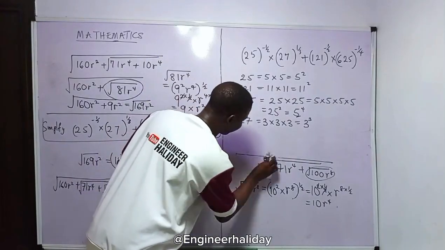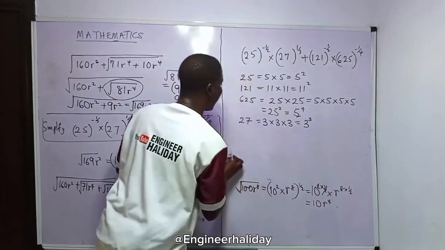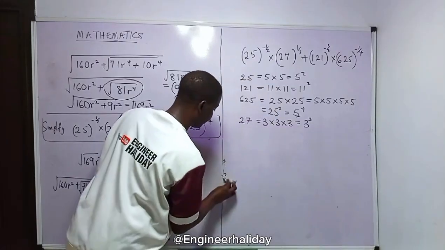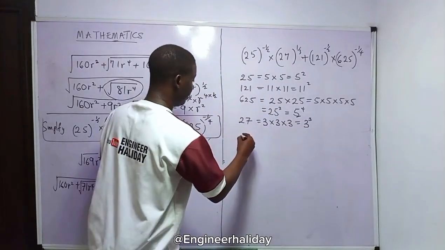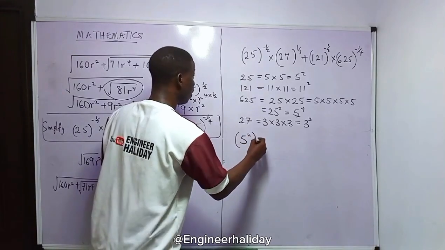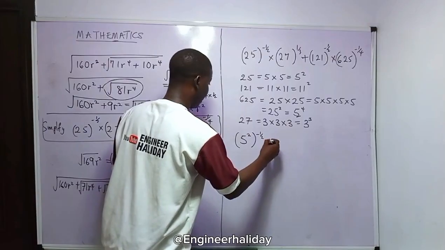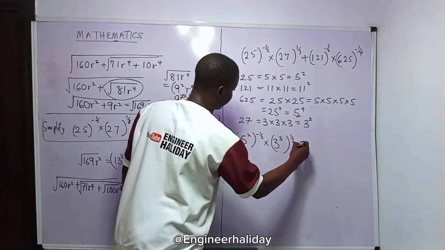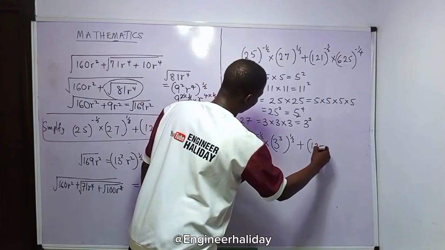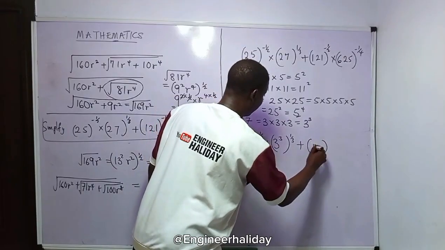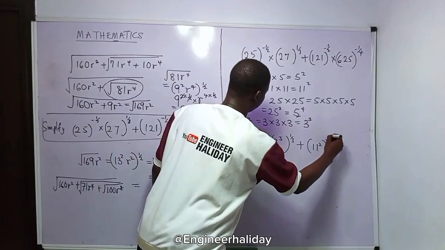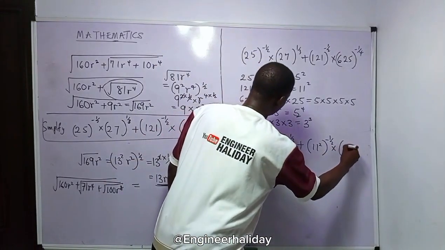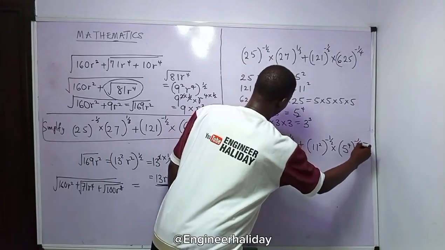Now, if you break everything down, we are going to have 5 raised to the power 2 all raised to the power minus half times 3 raised to the power 3 all raised to the power 1 over 3, plus 11 raised to the power 2 all raised to the power minus 1 over 2 times 5 raised to the power 4 all raised to the power minus 1 over 4.